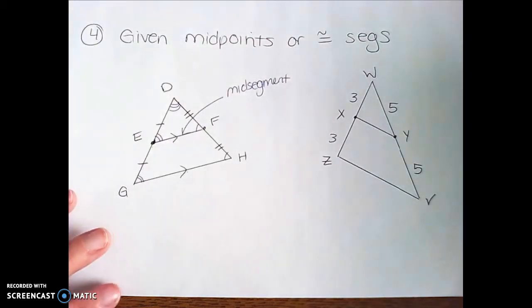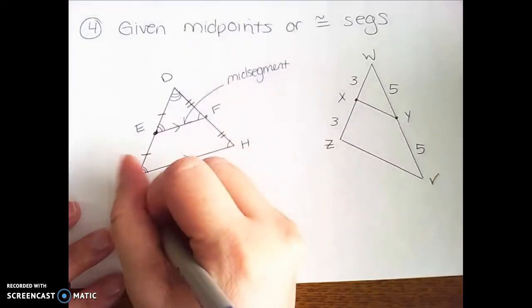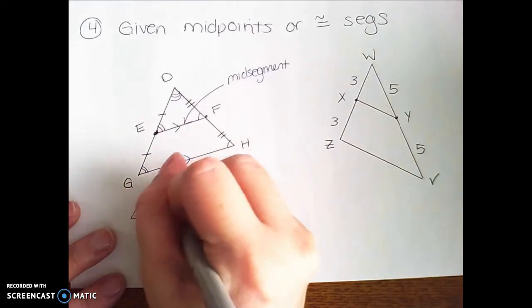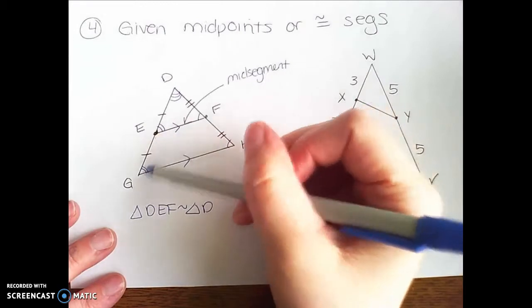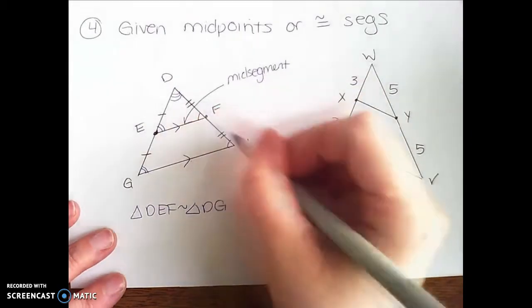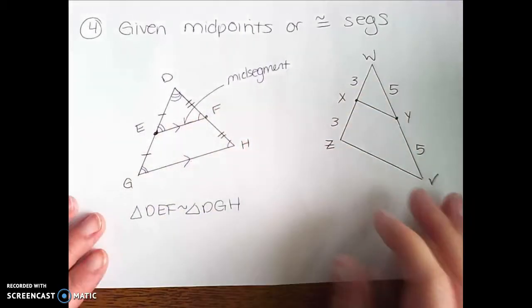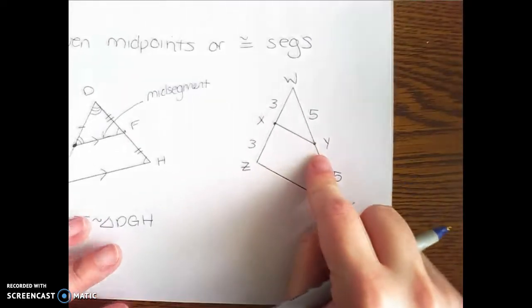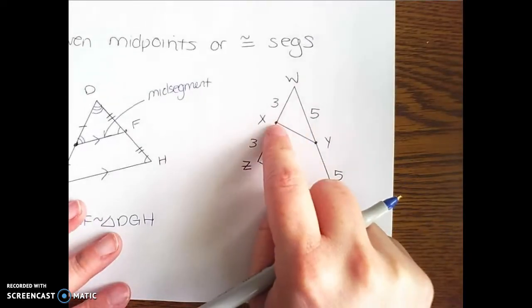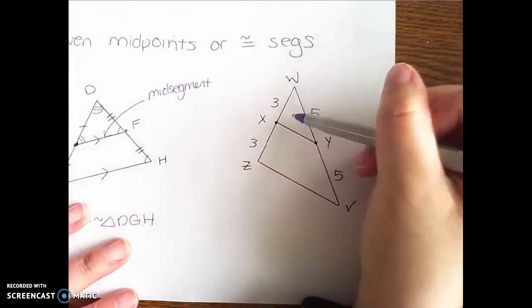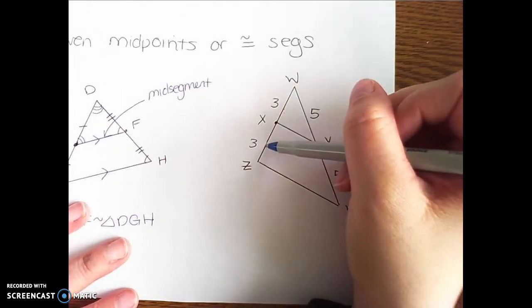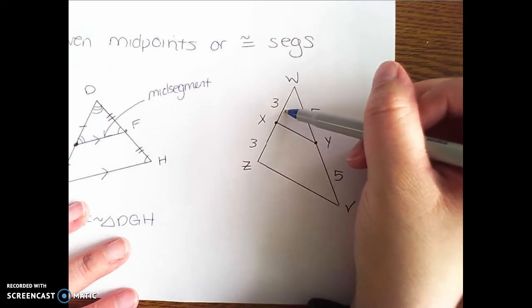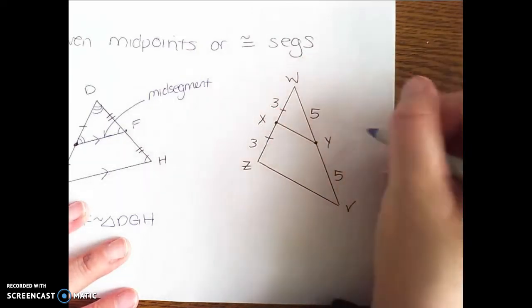So here, once again, I can set up my similarity statement. Triangle DEF is similar to triangle. D corresponds with D, E corresponds with G, F corresponds with H. Here I have the same idea. I know that X is a midpoint because, although I didn't mark them congruent, I told you they had equal lengths. If 3 and 3 are the lengths of these two segments, they are congruent to each other.